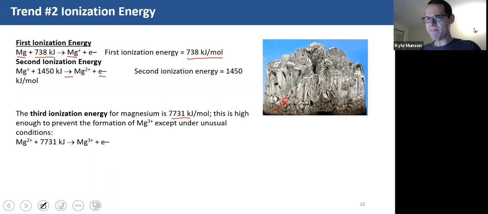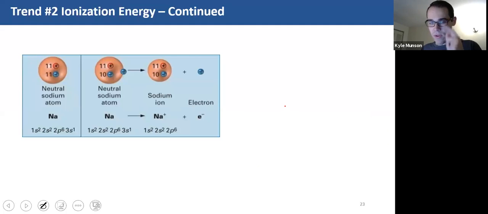So that's ionization energy. It's the energy required to pop an electron off of a neutral atom. Okay, so here is showing that. This is for sodium. So we have a neutral sodium atom. Here's its electron configuration. If I put energy into the neutral sodium atom, I'm removing an electron.